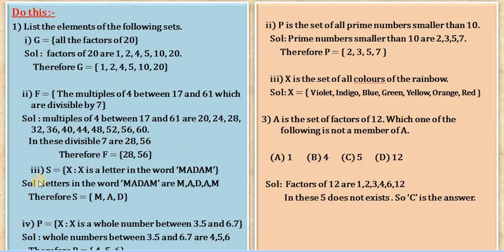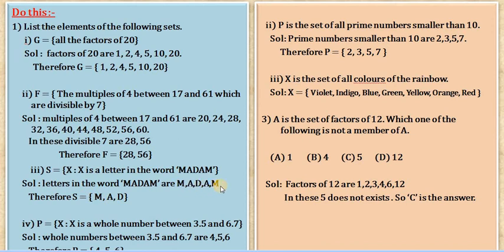Okay. Now third bit. S is equal to the set of all x such that x is a letter in the word madam. Now madam, what are the letters existing here? M, A, D, A, M. So these are the letters in the word madam. While writing in set form or roster form, we should write in brackets separated by commas.